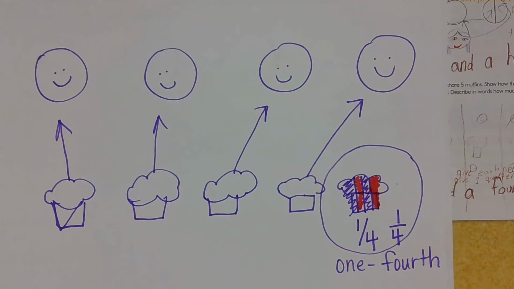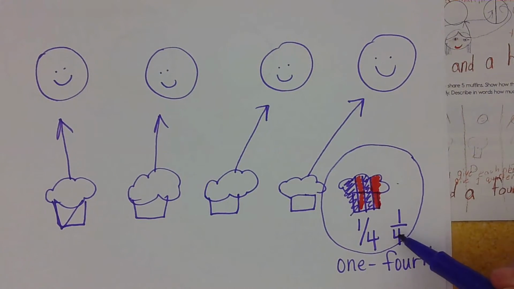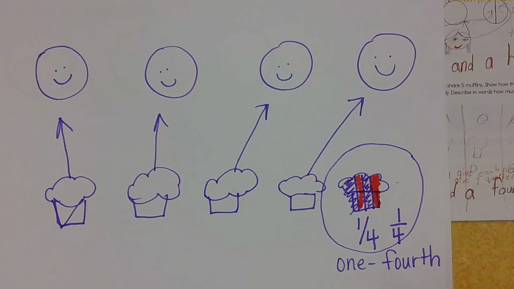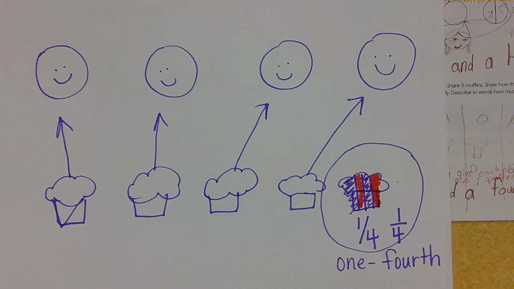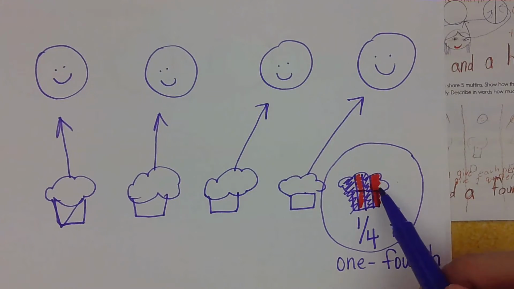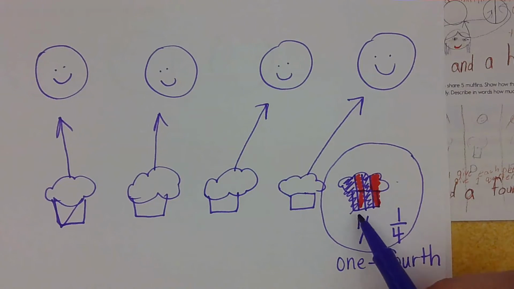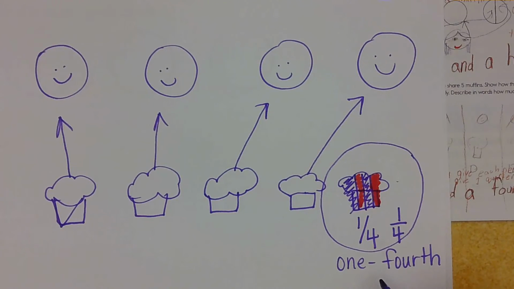Okay, so you can write it with numbers like this, 1/4, or you can write it with words like this, one fourth. This means that each of the 4 pieces that we cut are divided, and it's 1 out of 4 pieces. That's what it means. Each piece is 1 out of 4 pieces total.